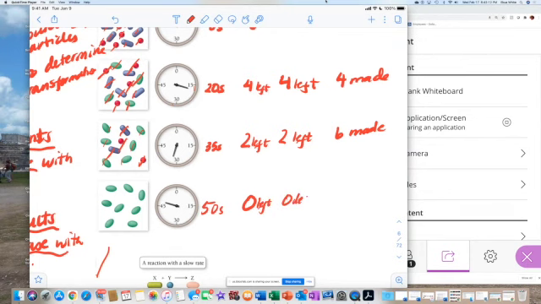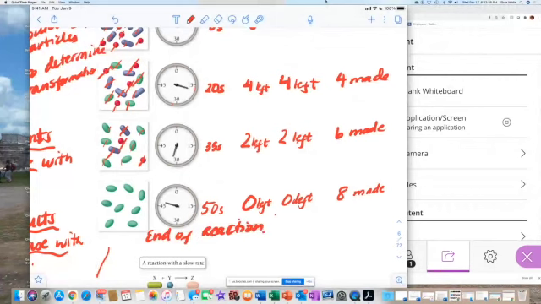And then 8 made. You started off with stoichiometric amounts, so there's no excess reactant. Both ran out. Here we can say it's finally the end of reaction.